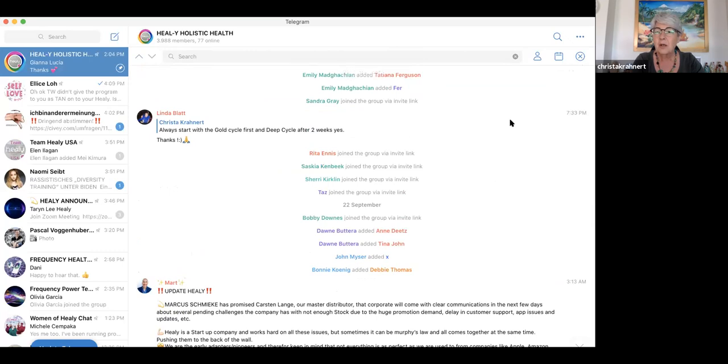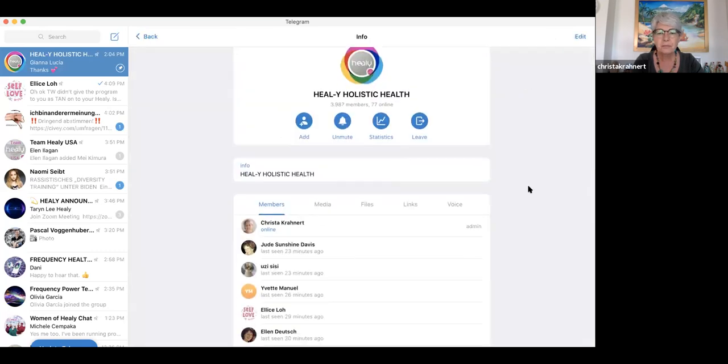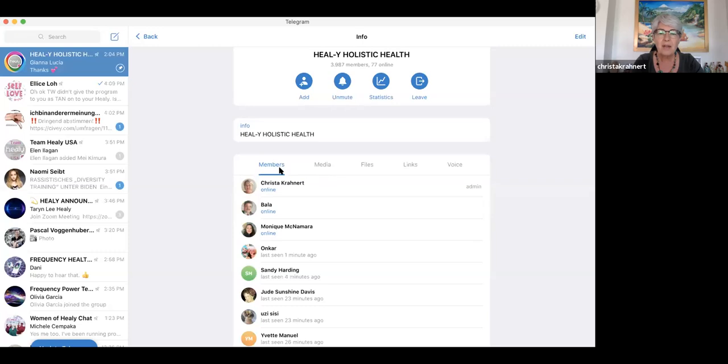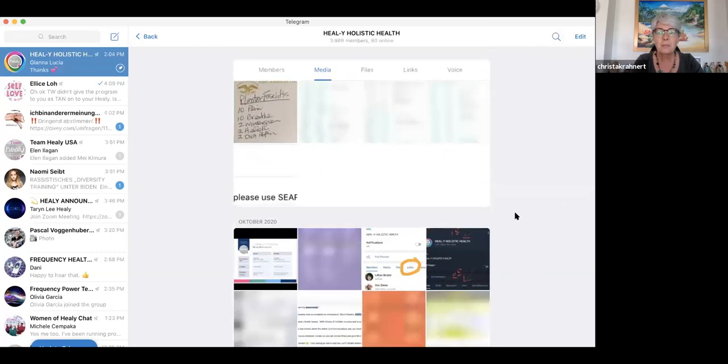Now let's go to the 3 dots on top. You click on it, and then you go on info. And on info, you see you can add a member, you can add someone, unmute, you can see statistics, you can leave the group, of course. And what you have as well is the members, but you have media.